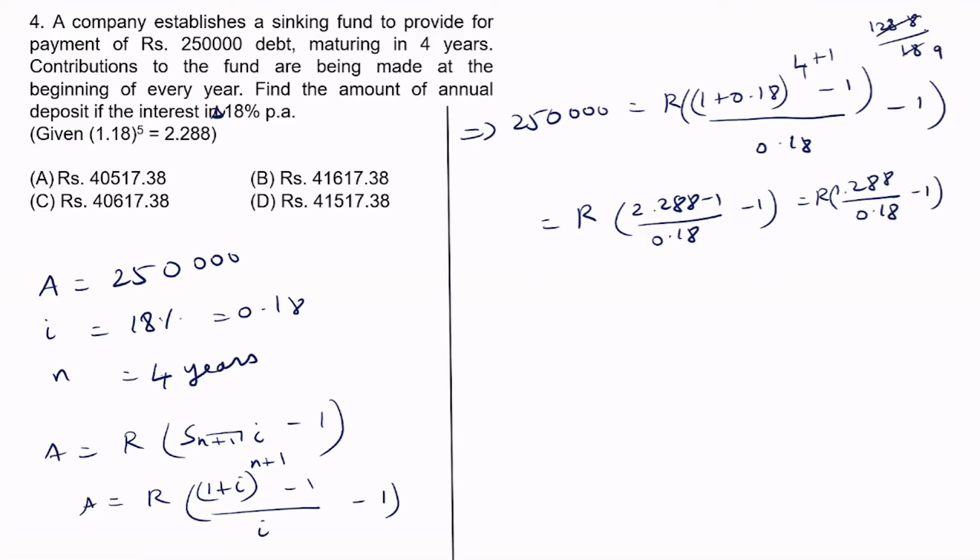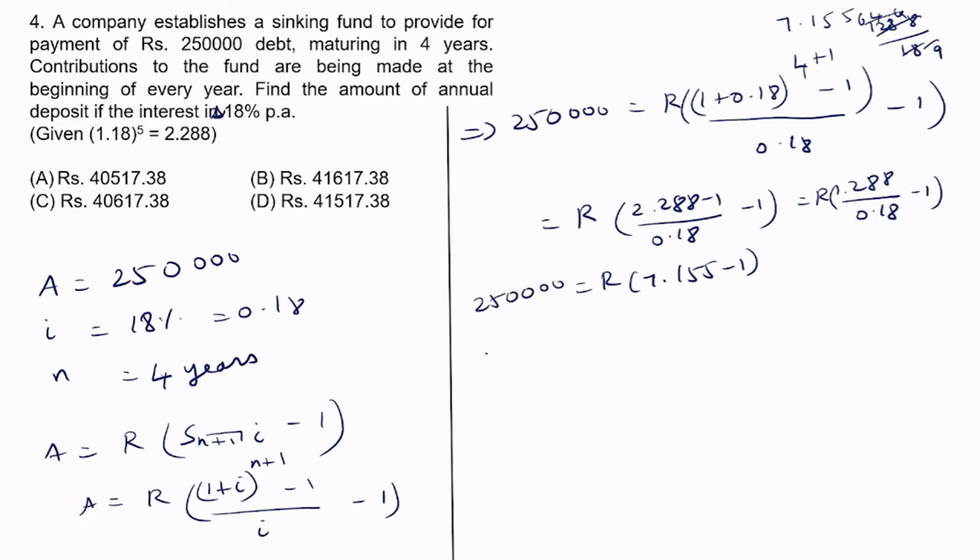When we simplify, it is 7.155. So it is R into 7.155 minus 1.